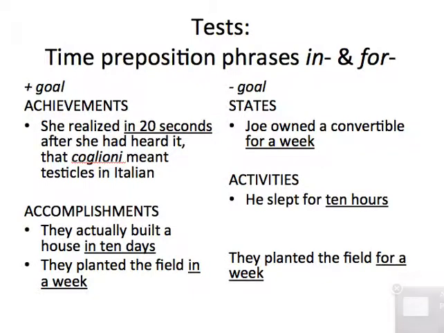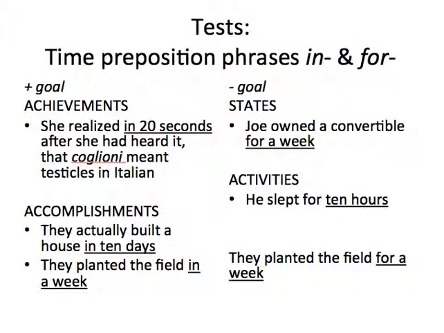And with accomplishments, they built a house in 10 days. And so that suggests that it is completed and it's goal-oriented. They planted the field in a week. That suggests that the field was completely planted. So in plus a time phrase suggests either achievements or accomplishments. A goal has been achieved.